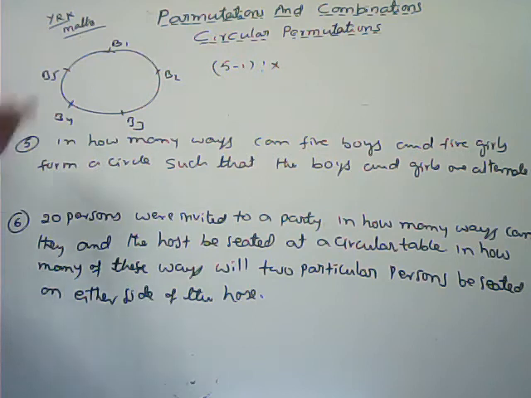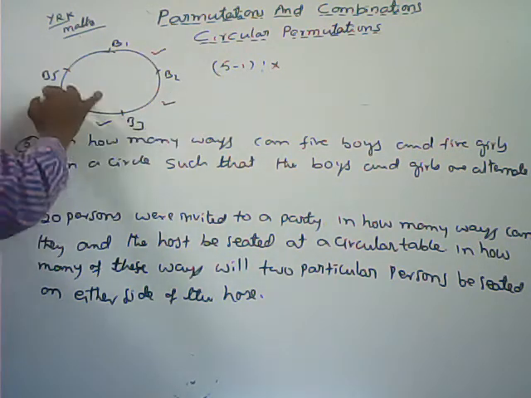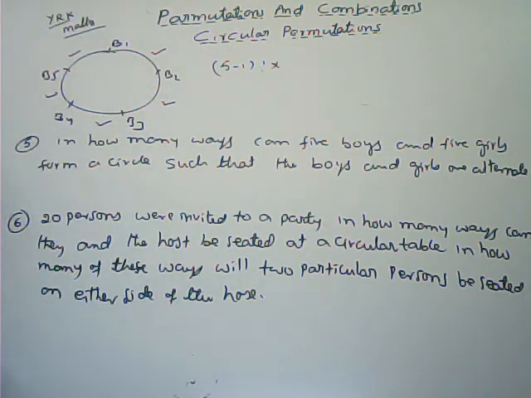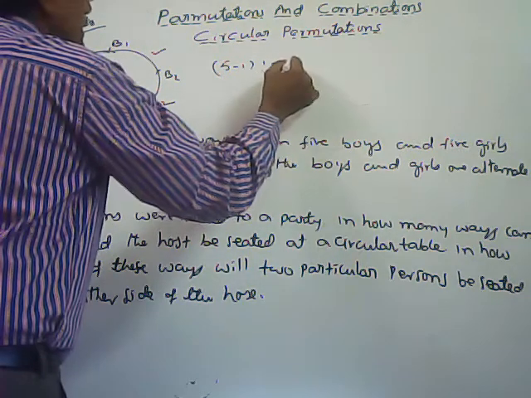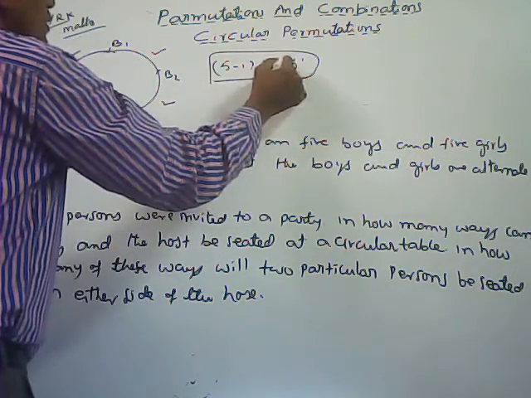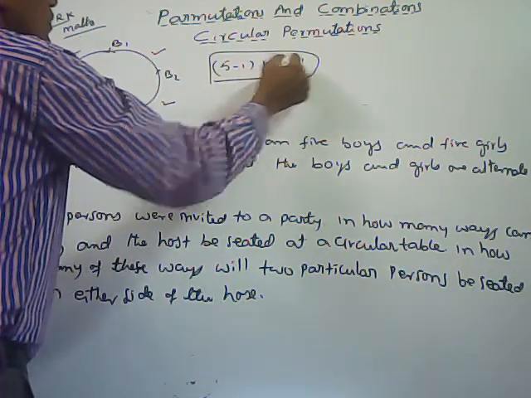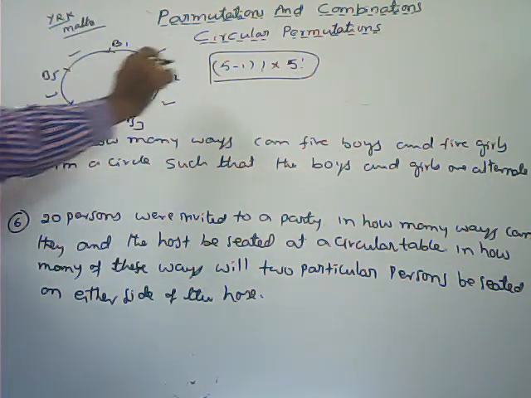Now in that, how many gaps are there? 1, 2, 3, 4, 5. So there are 5 gaps. In those 5 gaps, the 5 girls can be seated in 5 factorial ways. See, here particular places are there. But first we are arranging, and for that we use n minus 1 factorial.